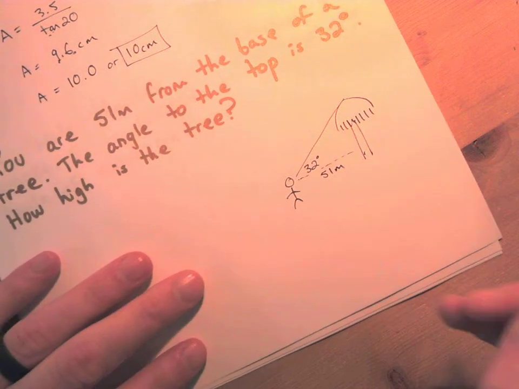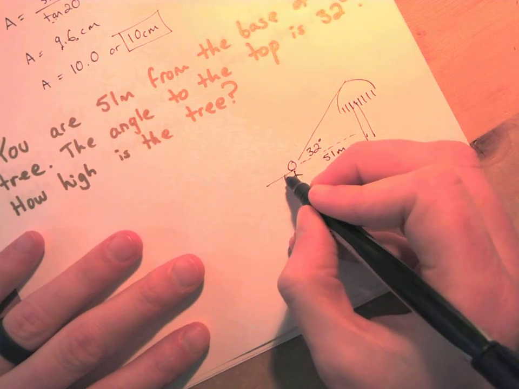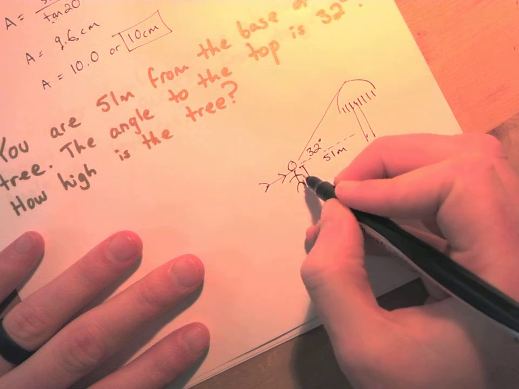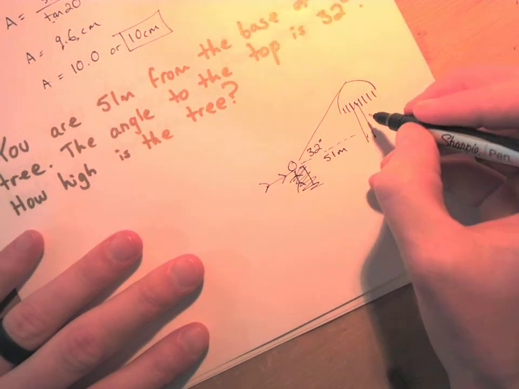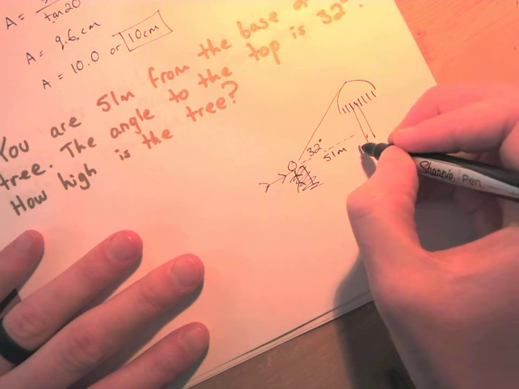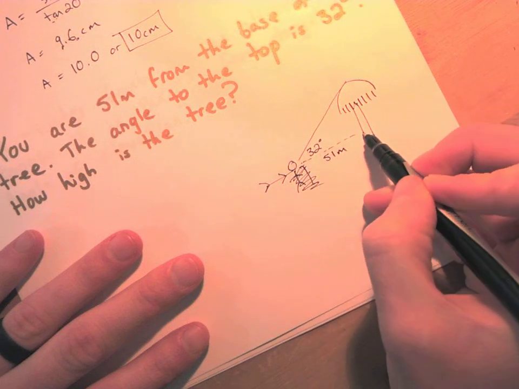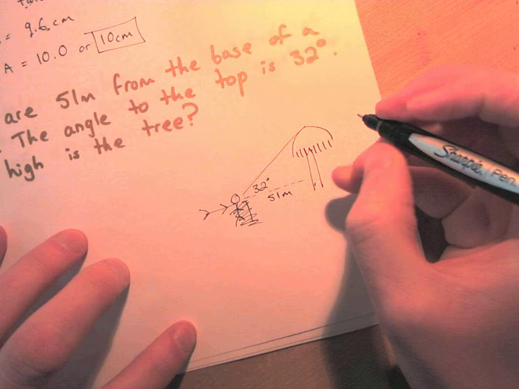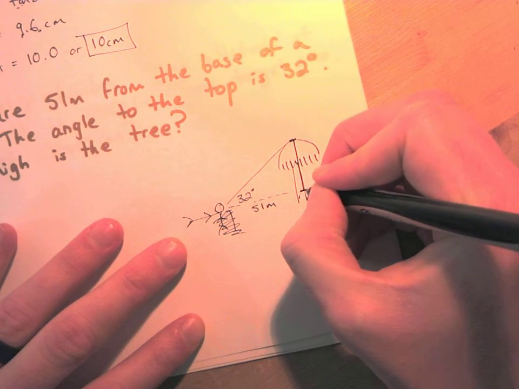So in this question, we're going to assume the person is not standing. We're going to assume they're laying on the ground so that they don't have this height as well, just so that we can get the full height of the tree. So 32 degrees and 51 meters from the tree. How high is the tree? So they really want to know what's from here down to here.